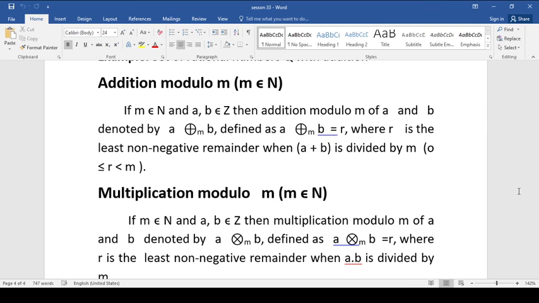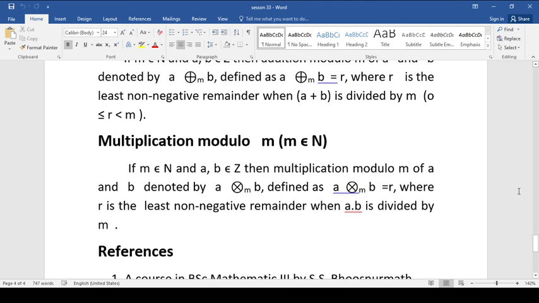It is defined as addition modulo m of a and b is equal to r, where r is the least non-negative remainder when a + b is divided by m. So r lies between 0 and m.